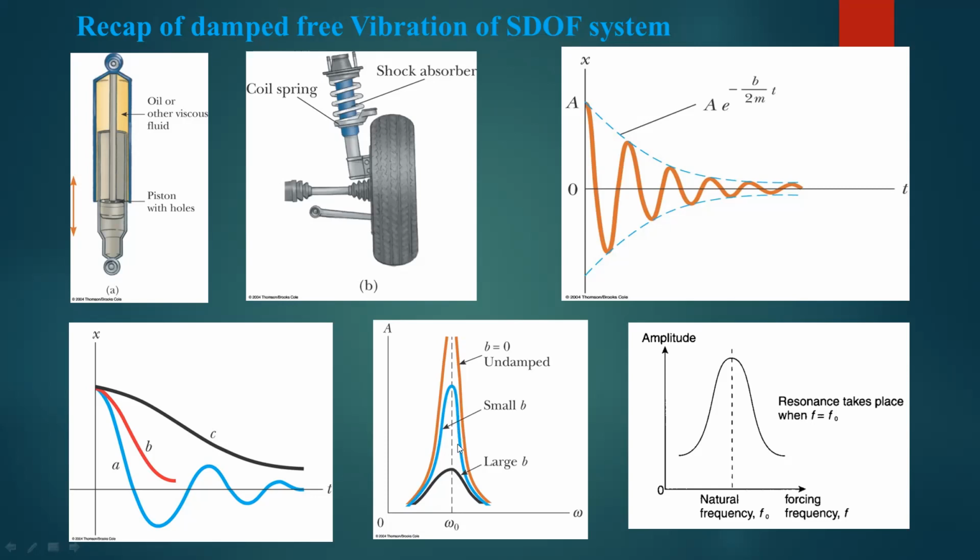The blue color will give us such an underdamped condition, and for large B, this black color represents an appropriate kind of damping. So it gives us a curve like that. Here we can see underdamped oscillation, critically damped oscillation, and overdamped oscillation.